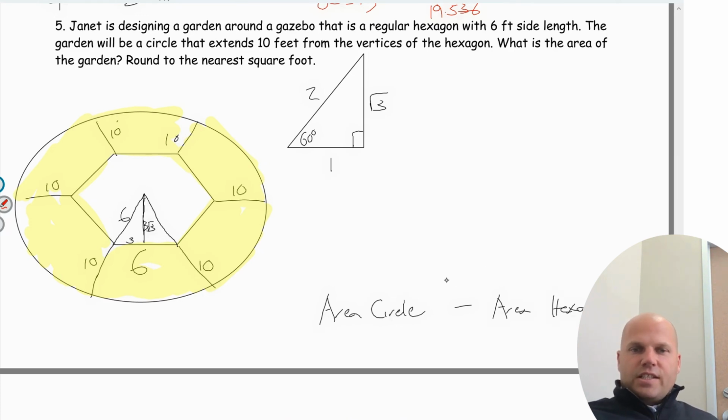Now we have the radius is 16. So we have 16 squared pi is the area of the circle. What is the area of the hexagon? Well, we have half of my base times my height, 6 times.